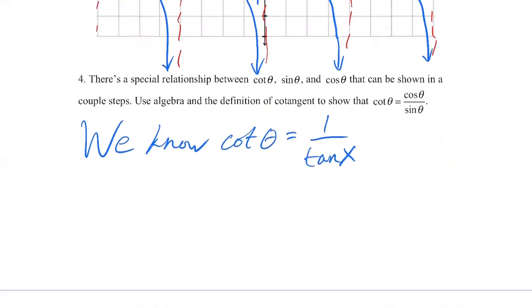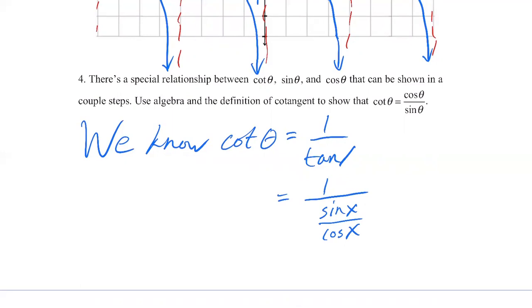And this would be equal to, because tangent is sine over cosine, 1 over sine of x over cosine of x. Oh, but I'm using x and I should be using theta.